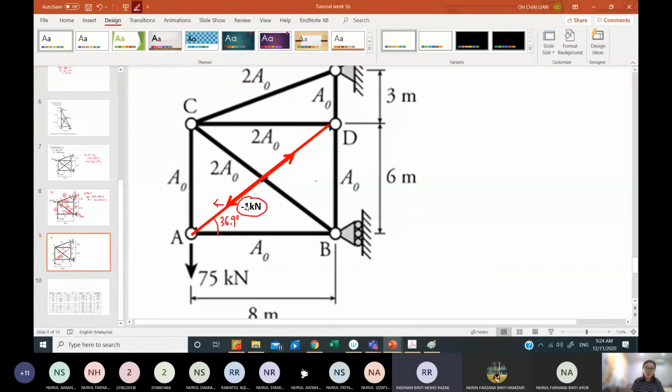Don't use minus 1, just 1, because your arrow already means minus here. 1 times cos 36.9, you will get 0.8 here. 1 times sin 36.9, you get 0.6. I hope you can see this clearly. So you can refer here: vertical 0.6 and horizontal 0.8.